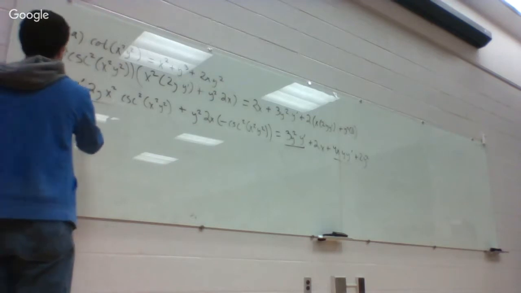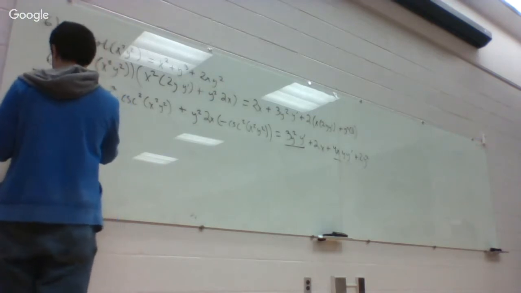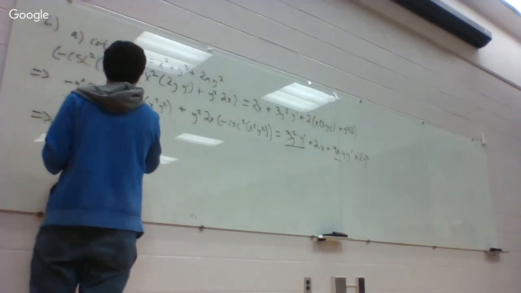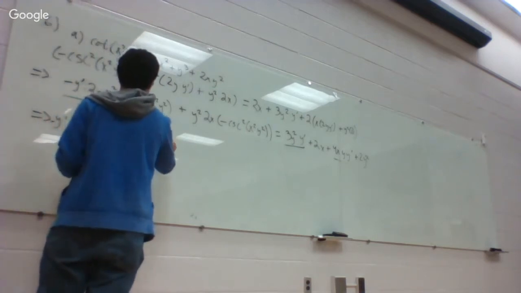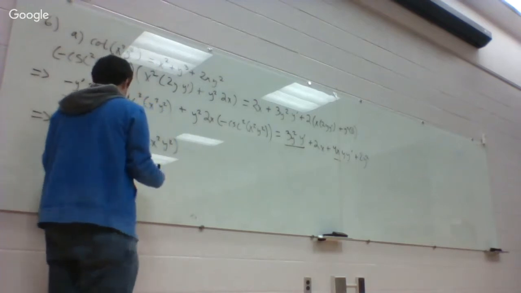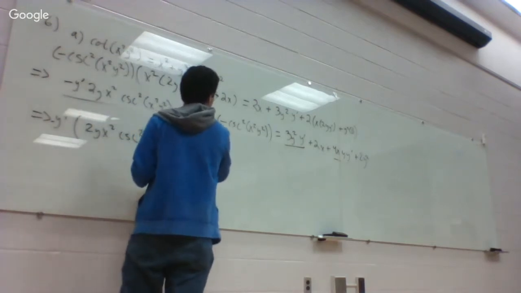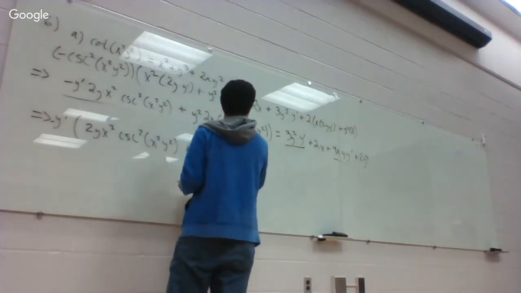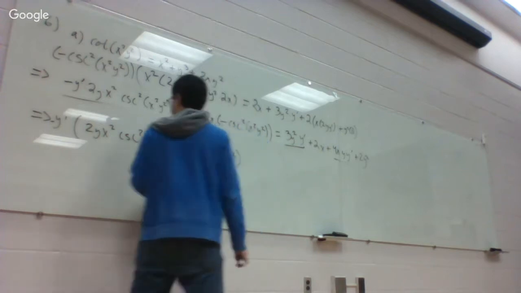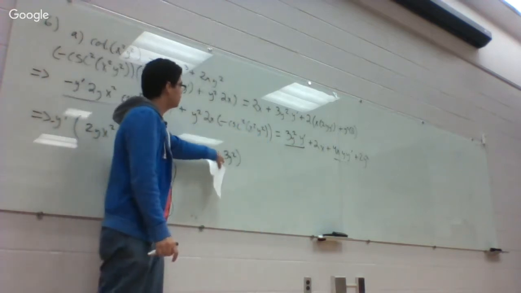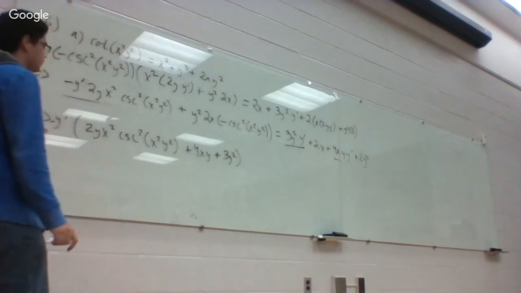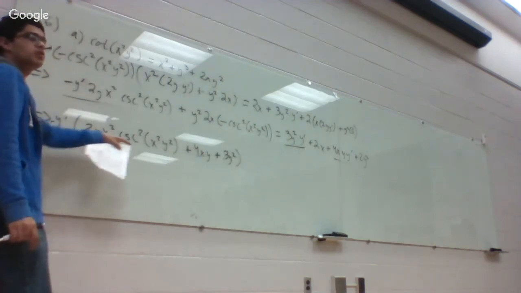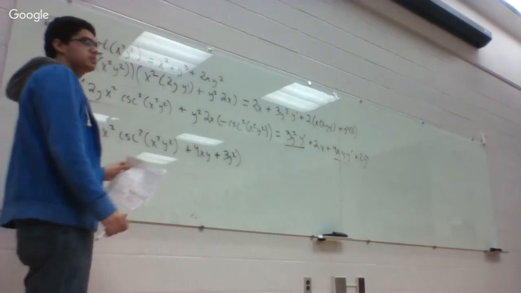Therefore, y prime is multiplied with negative y prime: 2yx squared cosecant squared times x squared y squared plus 4xy plus 3y squared. These are plus signs because I pulled out a negative y prime from everything, so that's why they're plus inside the parentheses.